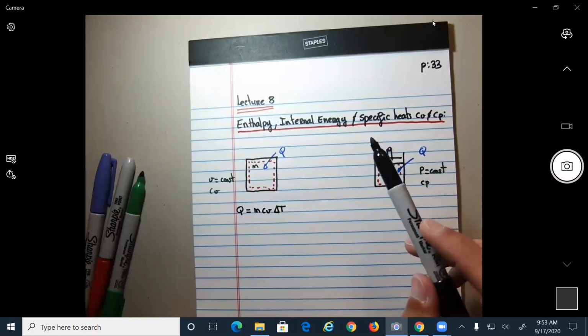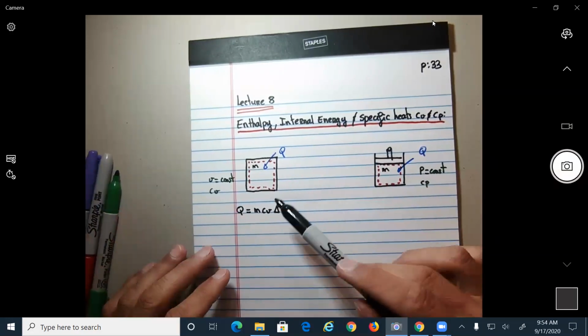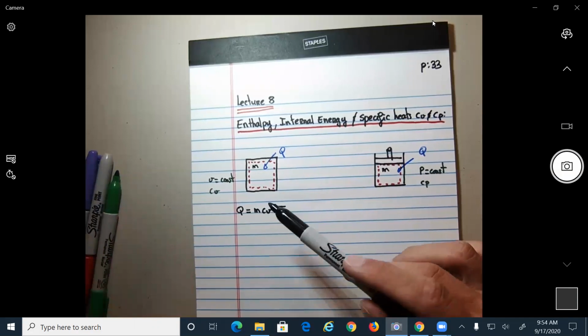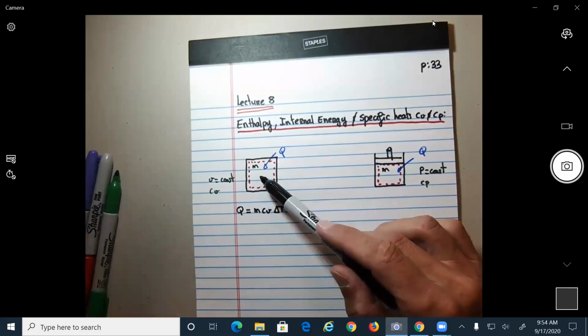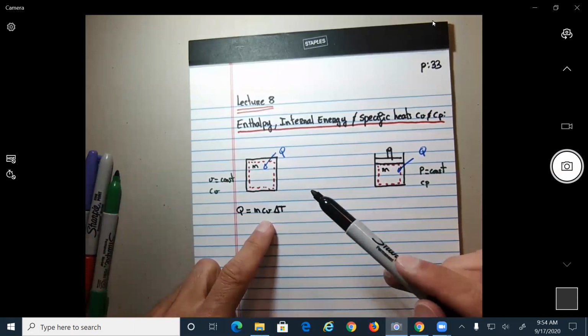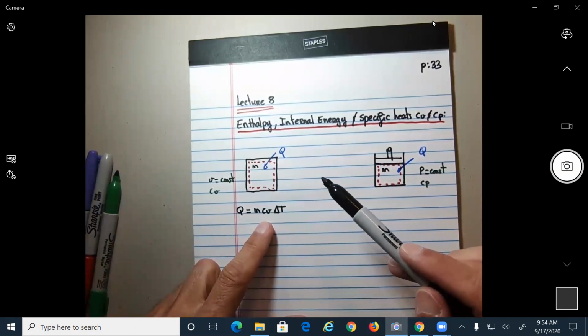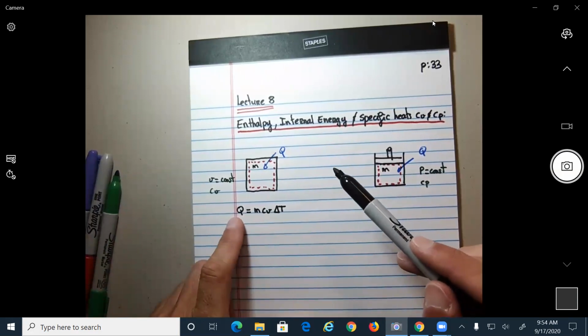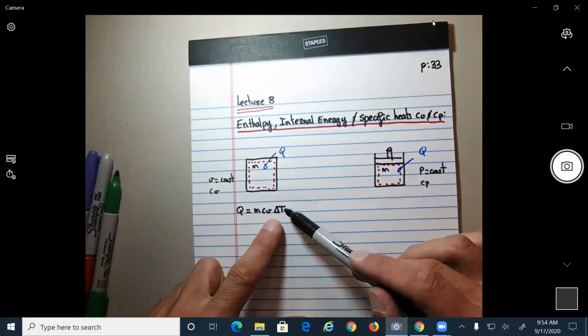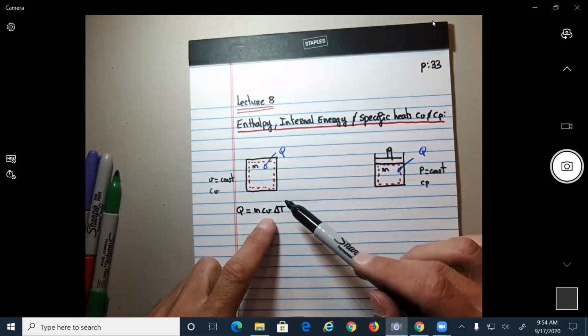Okay? So in this case, Janine, the way it's calculated is how much you need for 1 kilogram, let's say, of substance inside here to raise it 1 degree. That is really the value of the CV. Okay? So at constant volume, the amount of heat you need to put to raise, let's say, 1 degree will be equal to this one over here.